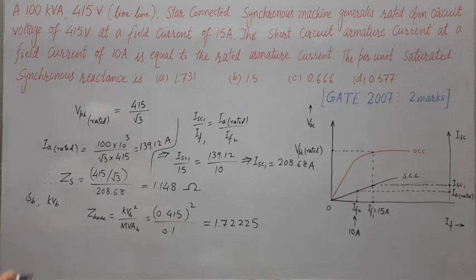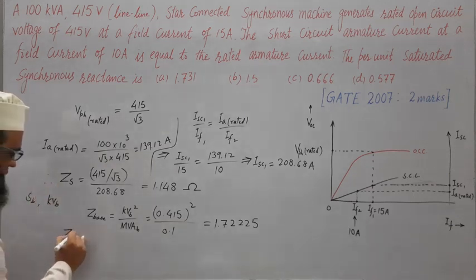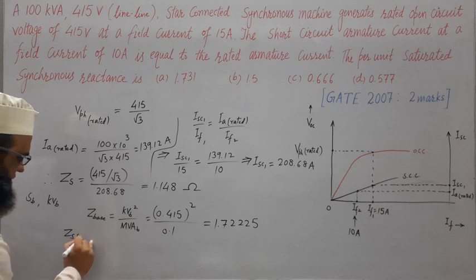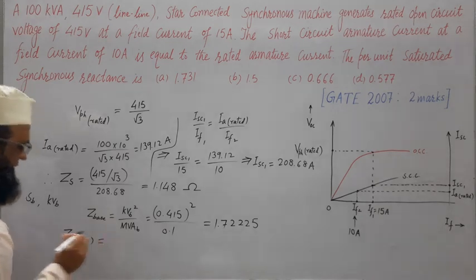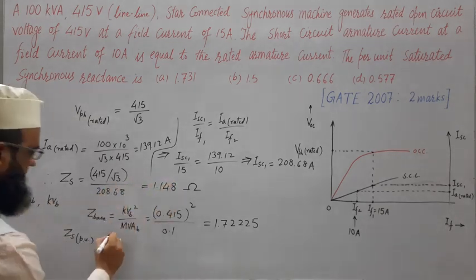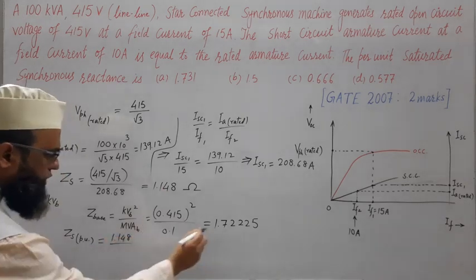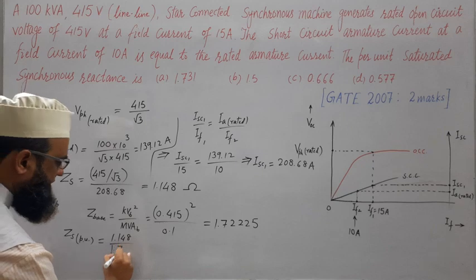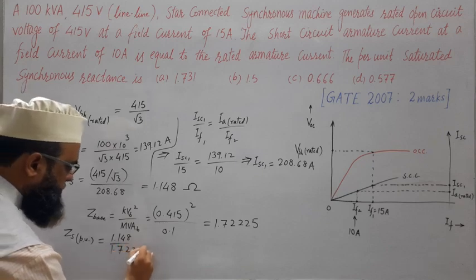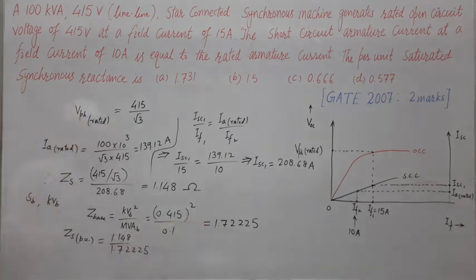Hence, the per unit value of ZS will be equal to actual, that is 1.148, upon base value 1.7222. Taking two decimal places is enough, right?